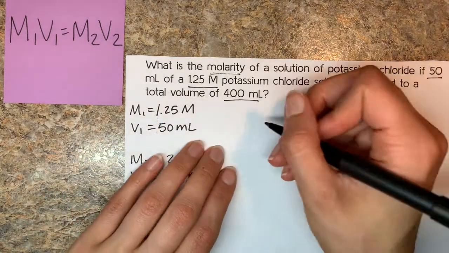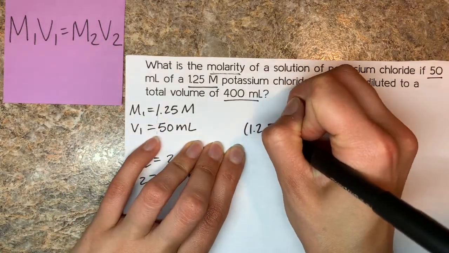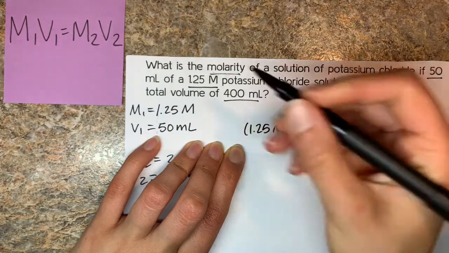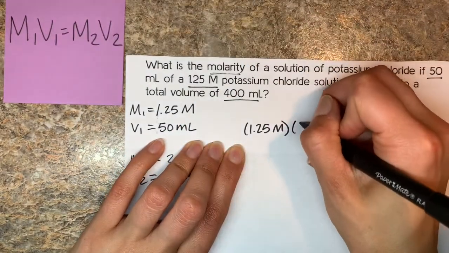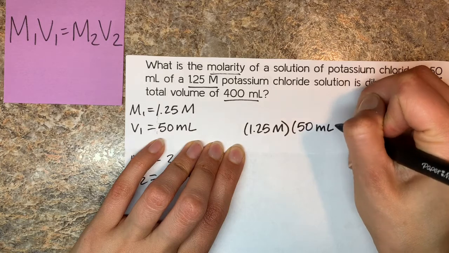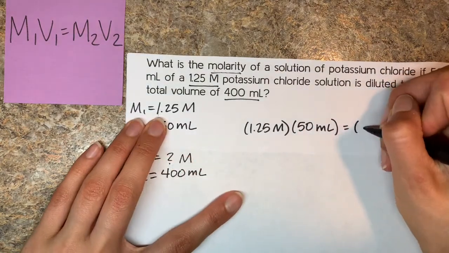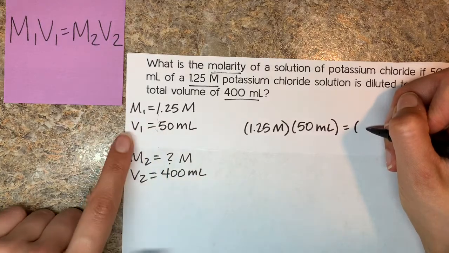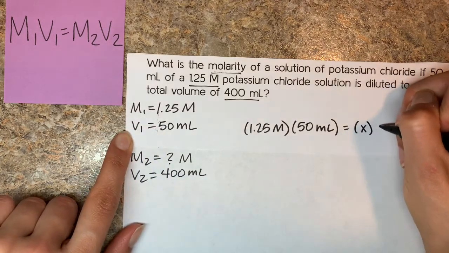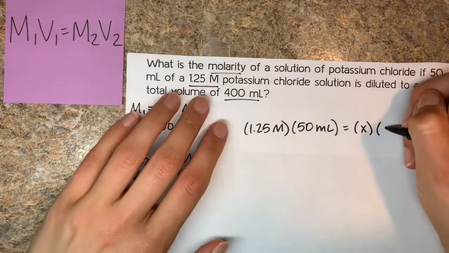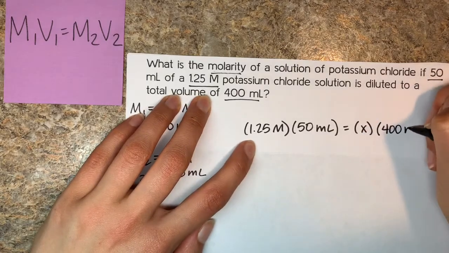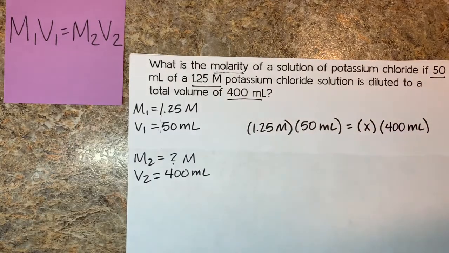Now I can plug them into this equation. So M1, which is 1.25, times V1, which is 50, is equal to M2, which is going to go in as X because that's my unknown, times my V2, which is 400 milliliters.